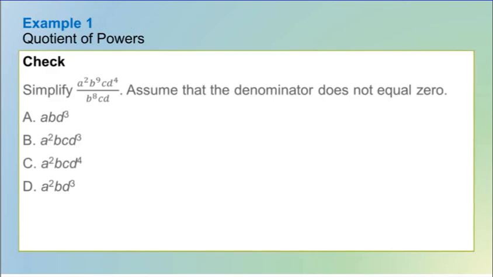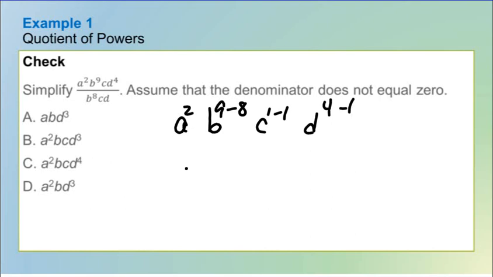Next, simplify this one. Again, we just group them, so we just have an a squared. This would be b to the 9th minus 8. We've got c to the 1 minus 1, and we've got d to the 4th minus 1.